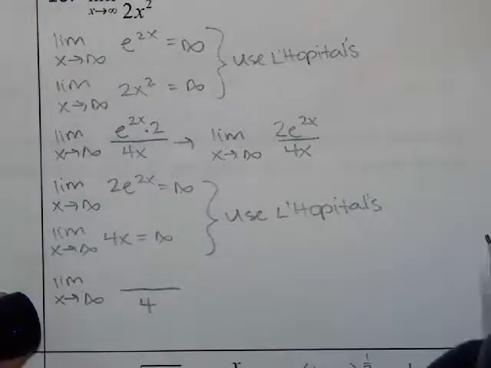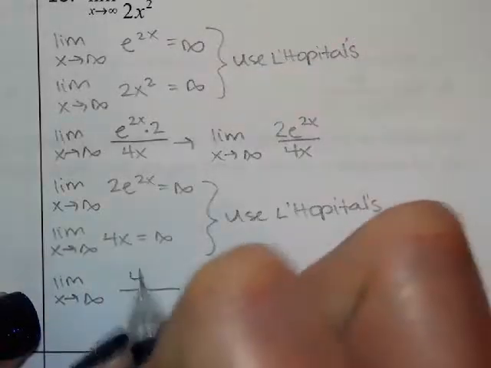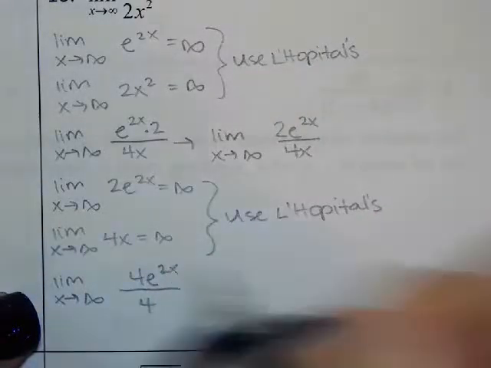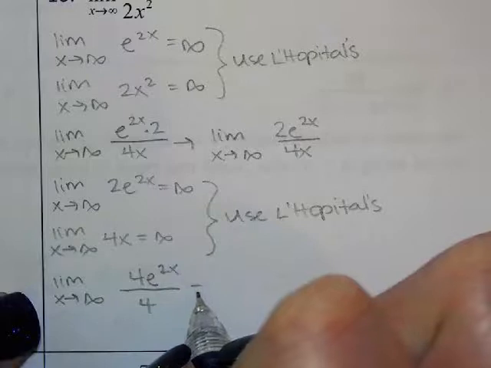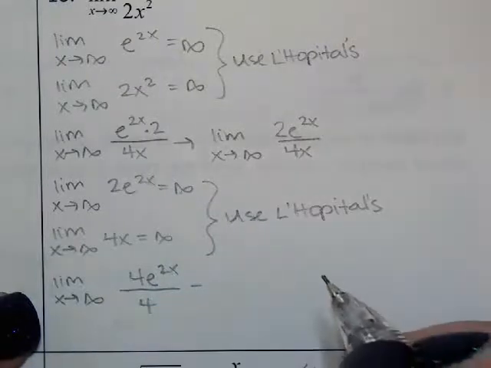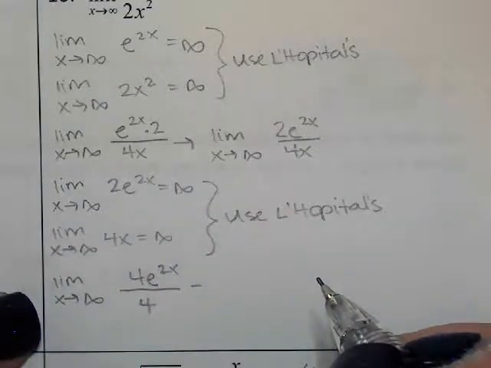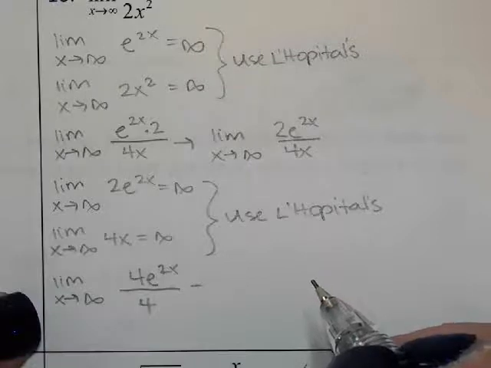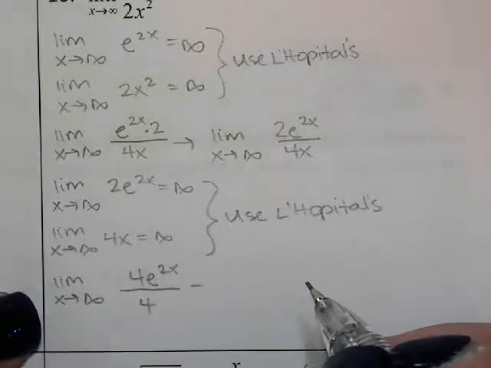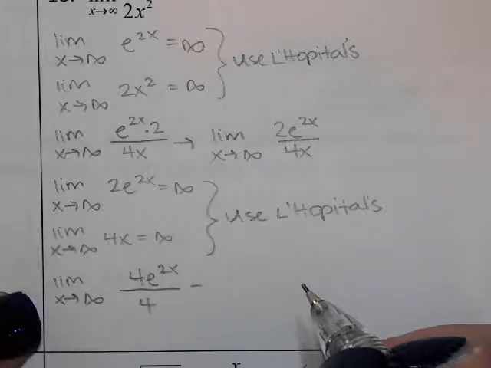If you rewrote the limit, should you rewrite the whole thing of limit as x goes to infinity of 4e to the 2x, and then limit as x goes to infinity of 4? Is that illegal, or could you technically write it? You complicate it. I don't know if that makes sense. You would rewrite it as what?